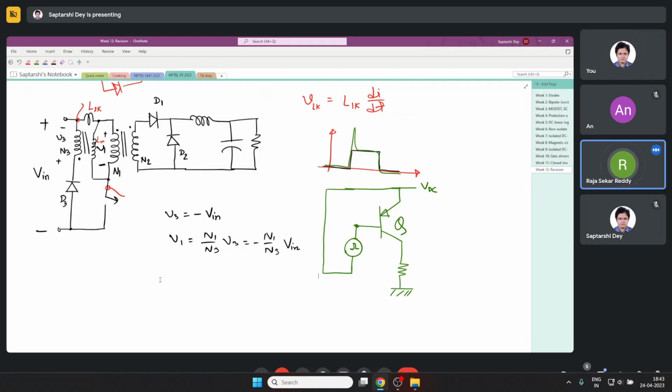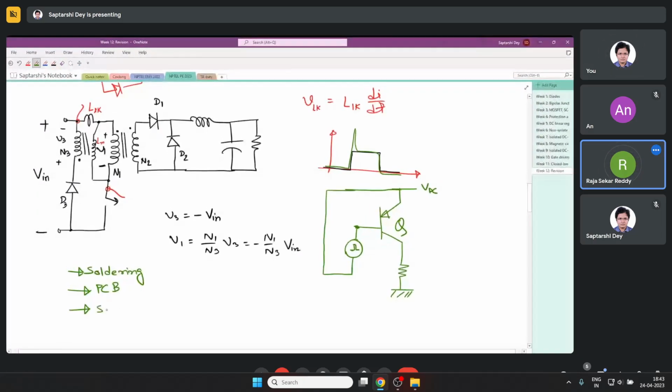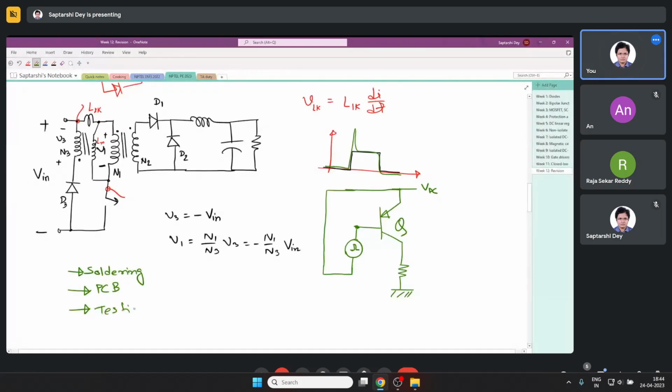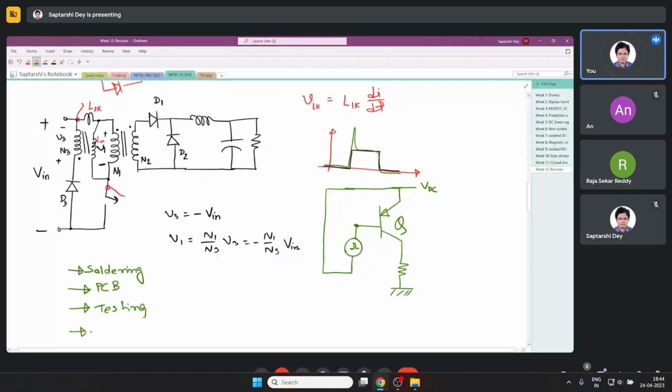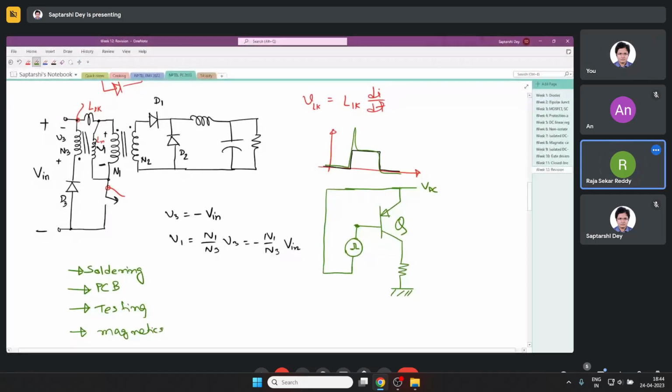The very basic things you must have in power electronics are PCB, testing, and experience in magnetics, how you design and wind magnetics.